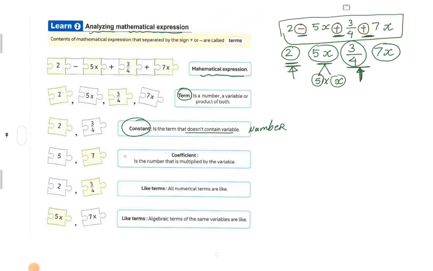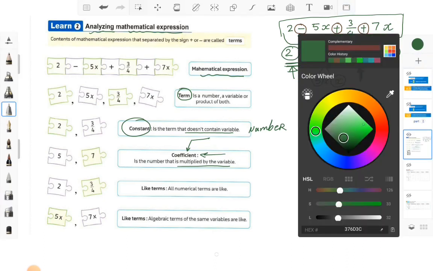Another term in the analysis is called coefficient. What's a coefficient? A coefficient is the number that is multiplied by the variable. Where is the variable? We have here x and we have x. Where is the number multiplied by x? Here and here. Here we have 5 multiplied by x.